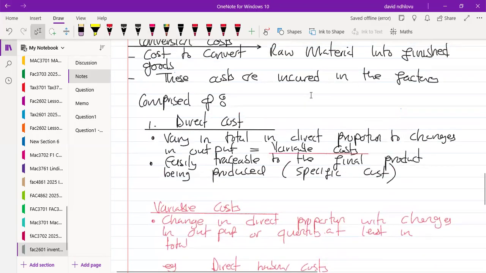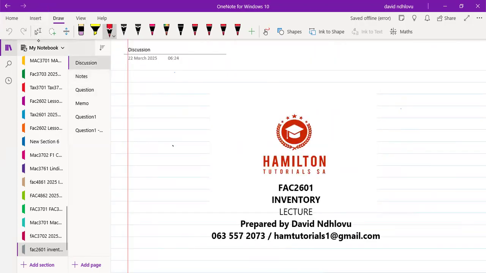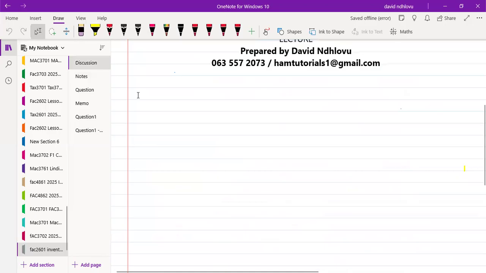Next, we describe these as easily traceable to the final product, or specific costs. When you are in production, you incur specific costs or non-specific costs. For example, let's say I've got the labor costs, the direct labor, and then I've got rent.